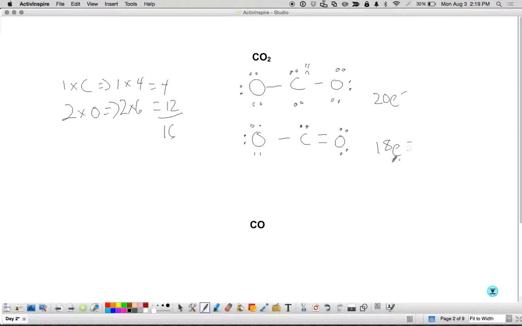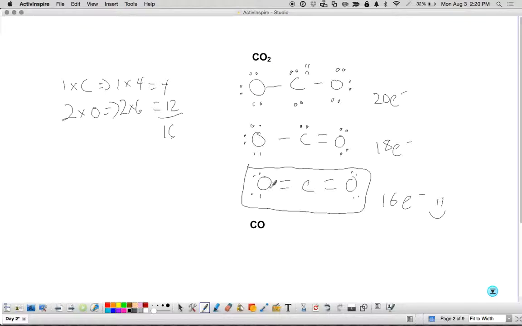Okay, still not good, so we need another where, let's say we go a double bond on this side, a double bond on this side. This is 16 electrons. That makes me happy. So this is my correct structure for carbon dioxide.